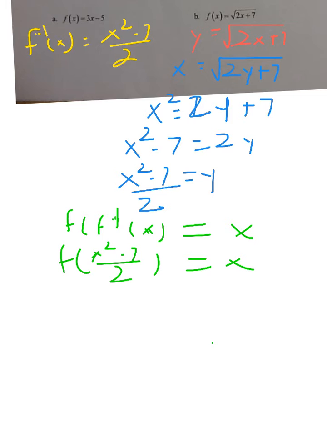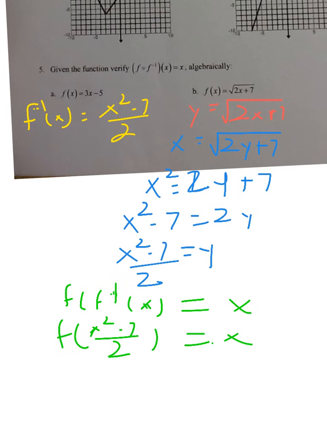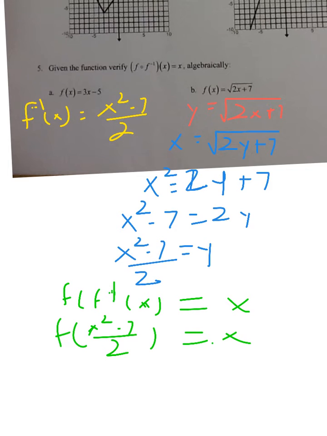Okay, so now I'm going to go to my f function, and wherever I see an x, I'm going to plug in (x squared minus 7) over 2. So I have the square root of 2 times my x, which is (x squared minus 7) over 2, plus 7. Does that give me x?